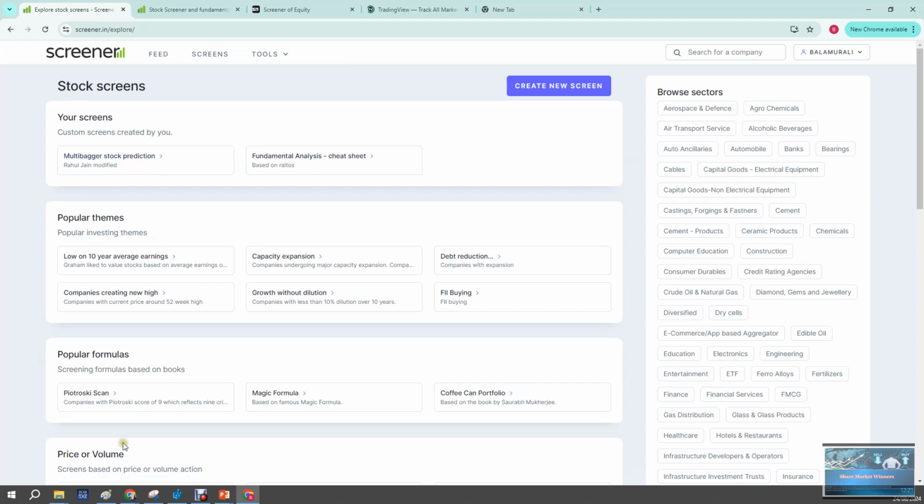And some of these are pre-populated ones. You can see these are already existing as defaults. Okay, I primarily use FII buying. FIIs are foreign institutions that have started investing in some of the stocks here, right? They have their own set of people who analyze and find potential stocks, and then they invest.